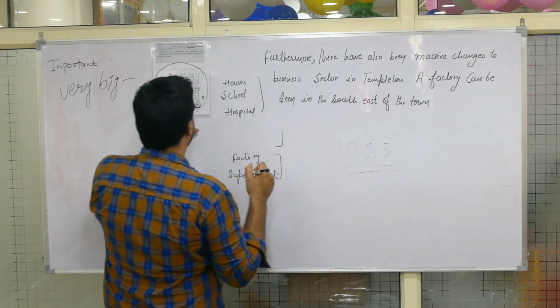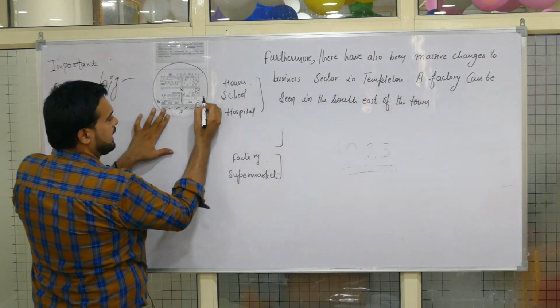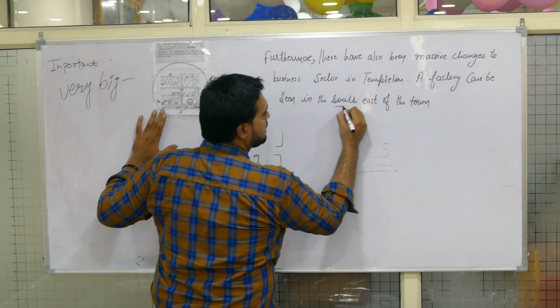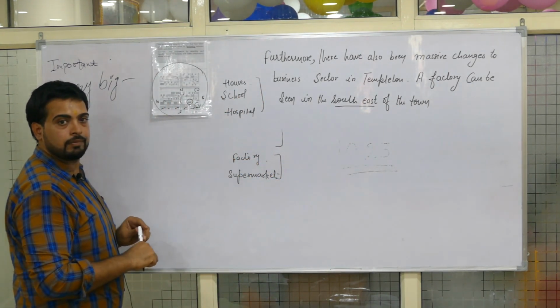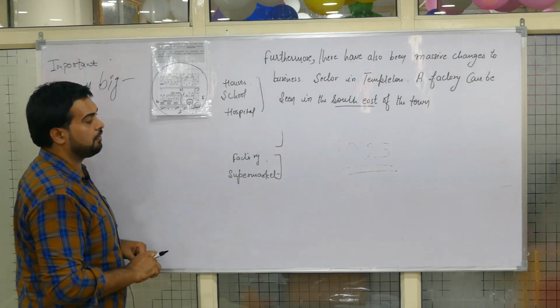Here, the factory can be seen in the southeast. This is south, this is east. The factory is located in the middle of these, so we have written southeast. A factory can be seen in the southeast of the town.